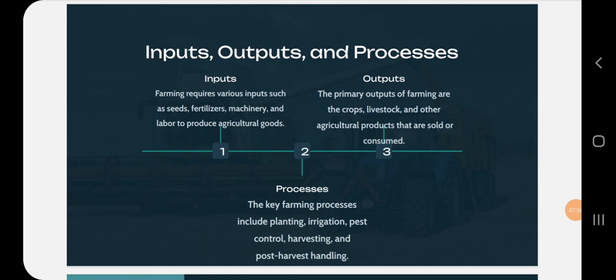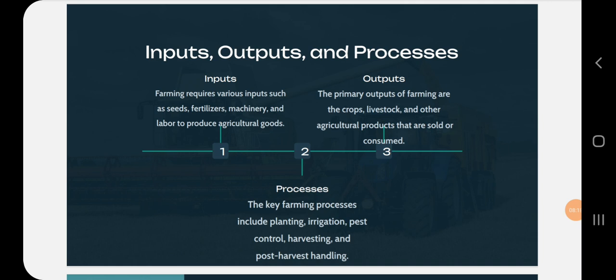Inputs, outputs, and processes. Inputs. Farming requires various inputs such as seed, fertilizers, machinery, and labor to produce agriculture goods. An example of inputs are cows. Processes.